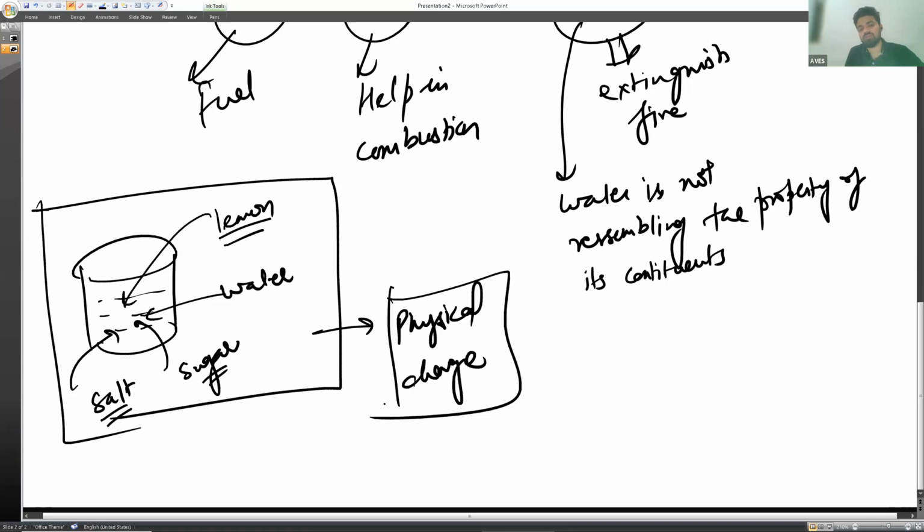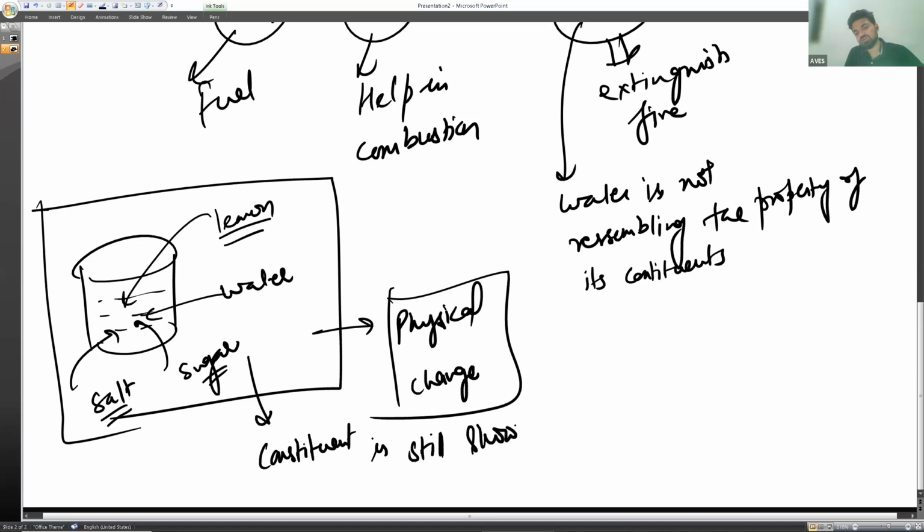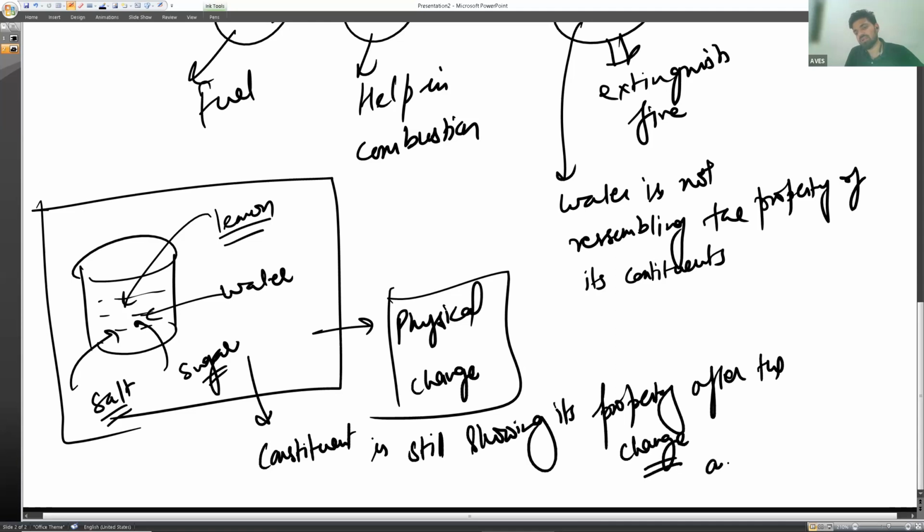Physical change. Okay, you understood? Yes or no? Yes, sir. This will be considered as physical change because the constituents are still showing their property after the change, and no new substance is formed.